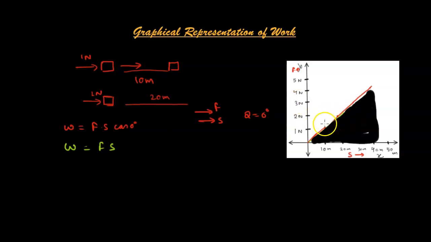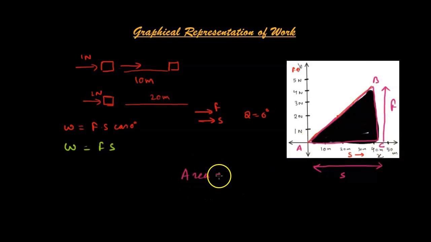Now, if you'll see, under this area, basically on one side displacement is coming. This side displacement is coming, we can say S, and this side you'll see force is coming. We can say F. So you can see this shaded area is actually making a triangle. I've shaded it very badly, but somewhat it is looking like a triangle. So we can give the names A, B, and C. Now we know the area of a triangle is equal to half into base into height.